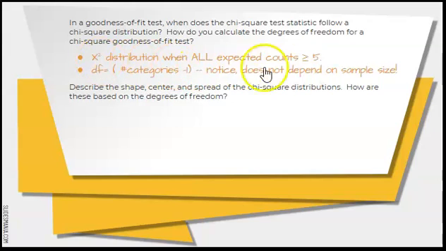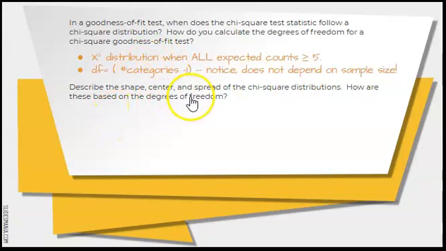That's one of the conditions we'll look at. You have to check all the expected counts. And to find degrees of freedom, it's not very difficult. It's just the number of categories minus 1. Notice that it does not depend on sample size. Traditionally with t-scores or t-stats, we would need a sample size, but with chi-squared, we don't.